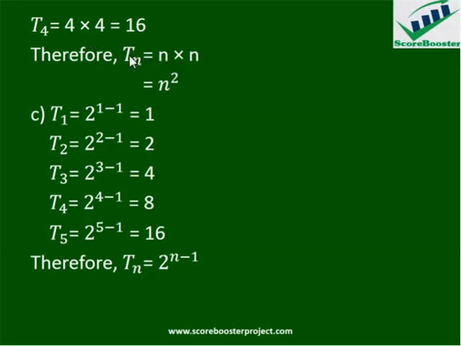So that is the usefulness of the general term. You can find a particular term even without knowing its preceding term. You can find T1 million here without knowing the preceding term, T999,999.